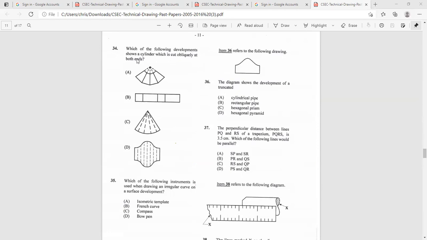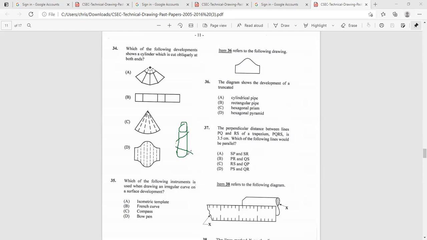Which of the following developments shows a cylinder which is cut obliquely at both ends? This one right here. This would be a cone. This is something else. So this would be the one. What you have here is this being cut at both ends.